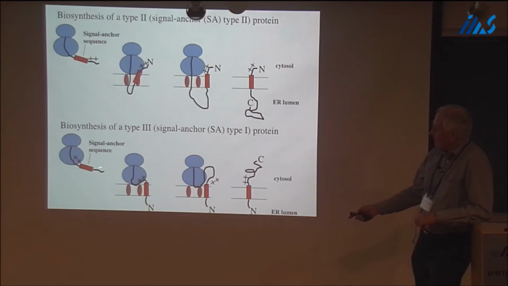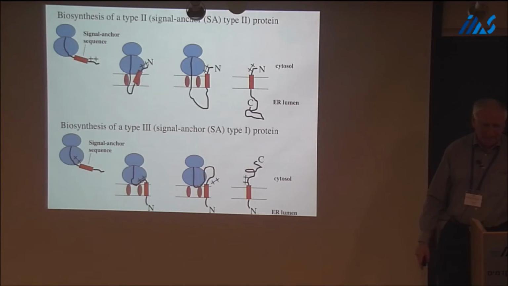And so what happens is that this N-terminus flips across the membrane right when the polypeptide chain is inserted into the membrane, and it moves also sideways out into the lipid phase. And then the polypeptide chain is completed by the ribosome, and so you get this opposite orientation with the C-terminus in the cytosol and the N-terminus on the luminal side.